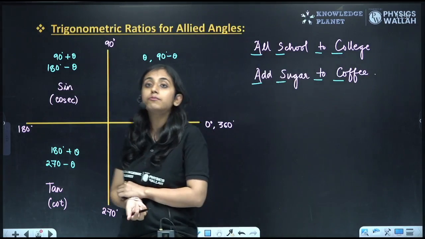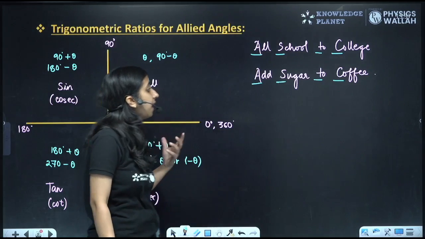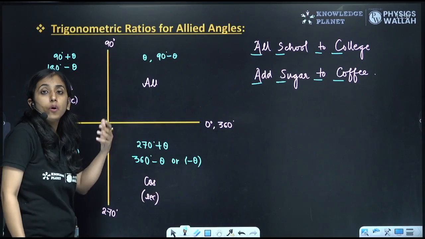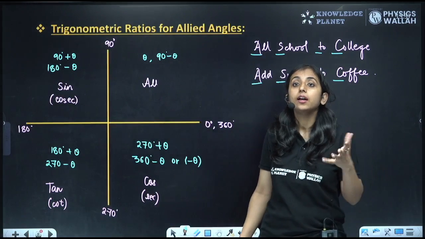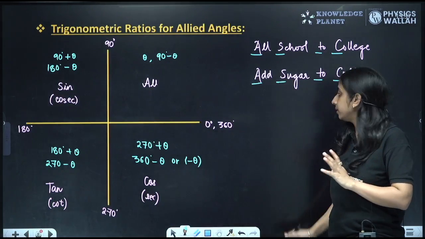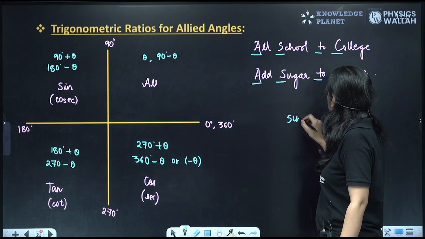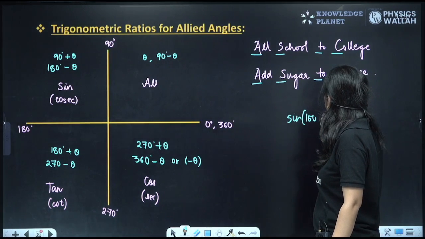Now, if I have to find sine of 180 minus theta or cos of 90 plus theta, suppose I want to find sine of 150 degree.